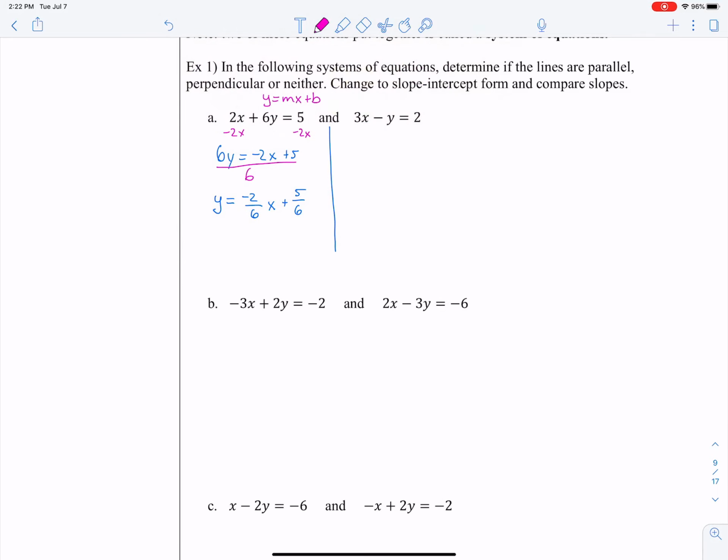Then I can simplify by dividing by 2, so I end up with y is equal to negative 1 over 3x plus 5 over 6. So my slope for this first one is negative 1 over 3.